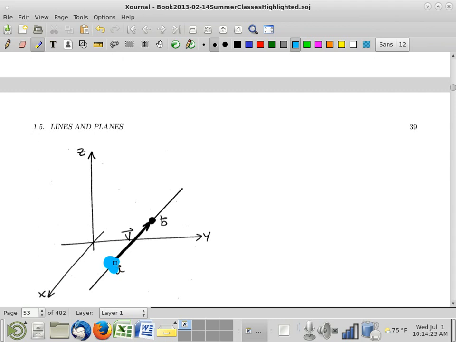So that's when I go back to this equation. Here are the 2 points that I'm given. Given these 2 points, where might I find a vector parallel to this line? Well, let's take their difference. That difference is clearly parallel to the line, and I can use that. That make sense?